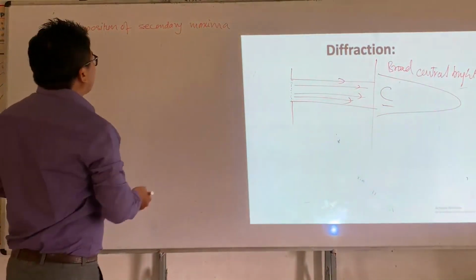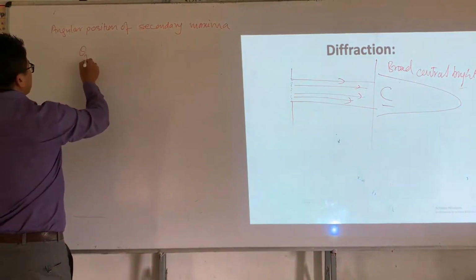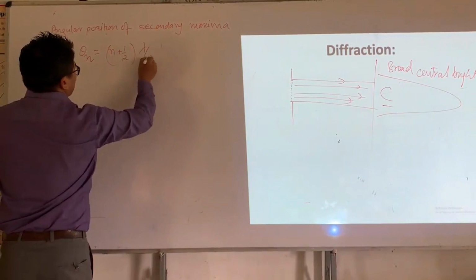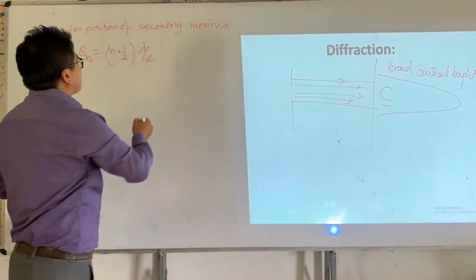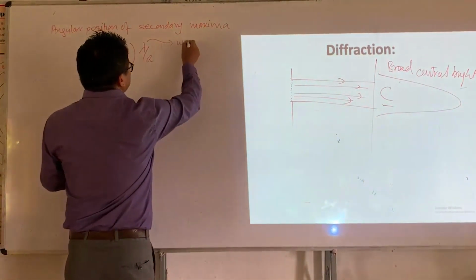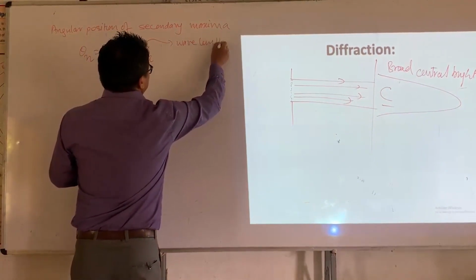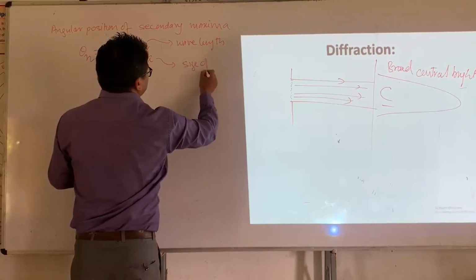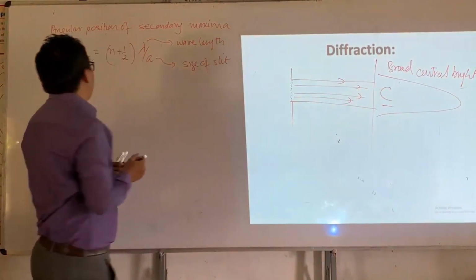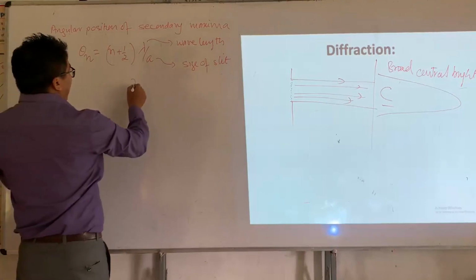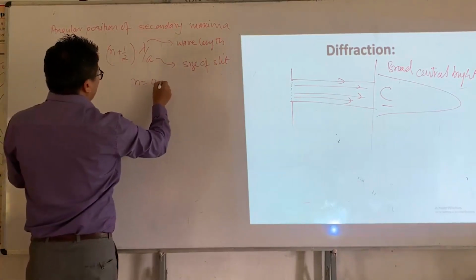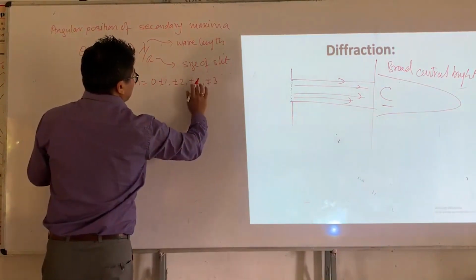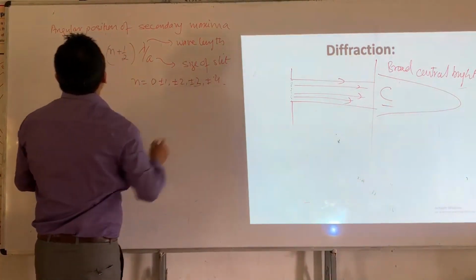The angular position of secondary maxima is given by the following, where lambda is the wavelength, A is the size of the slit, and n is equal to 0, plus minus 1, plus minus 2, plus minus 3, plus minus 4, and so on.